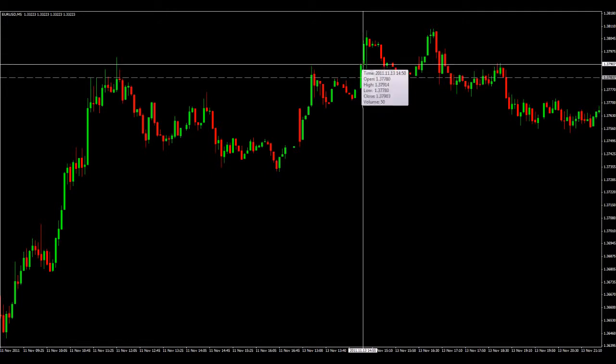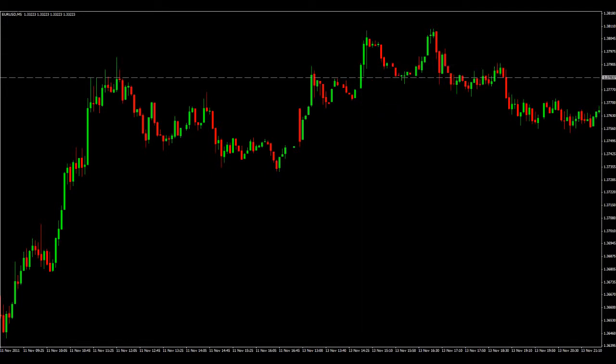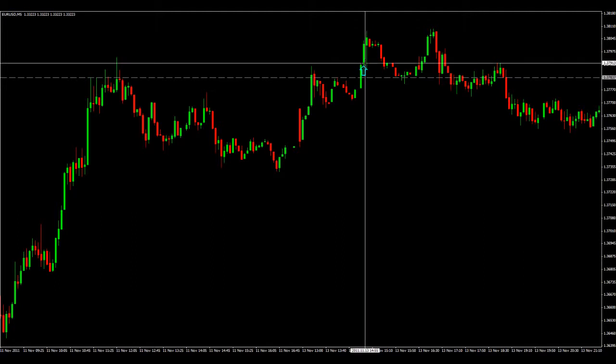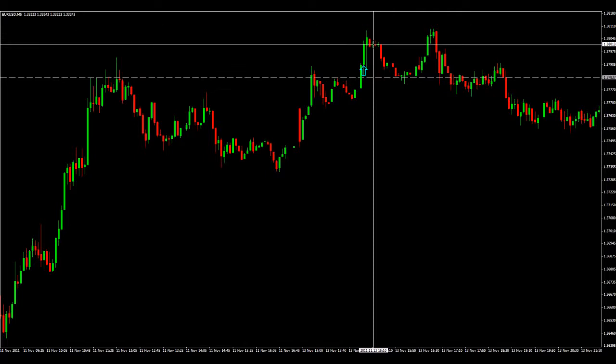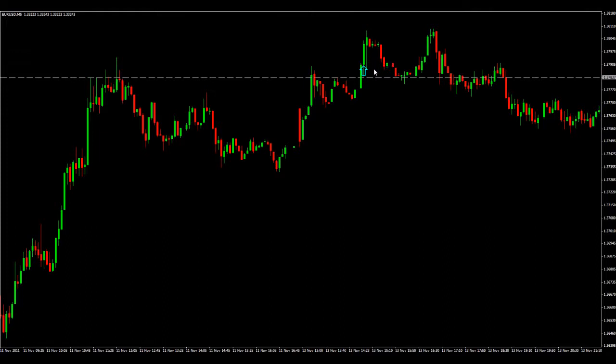So as soon as it broke up right here, we're going to be taking a call right there, and this is the 55 bar, so we're going to be waiting. Our expiry would have been on about the 1510, so it actually would have been about an 11 pip win.